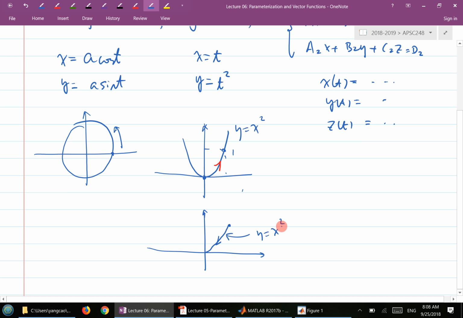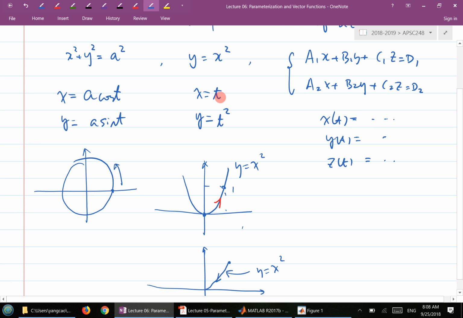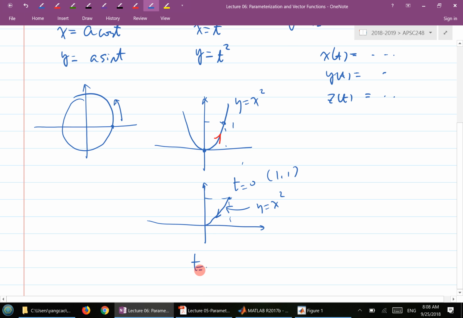Then how do I derive a parametric equation to describe that type of motion? Then you come back and say, okay, at t equal to 0, where is this point? The point is at 1, 1. That's the coordinates. And when t equal to 1, you're at 0, 0 here. Suppose that's the type of motion we're looking for.